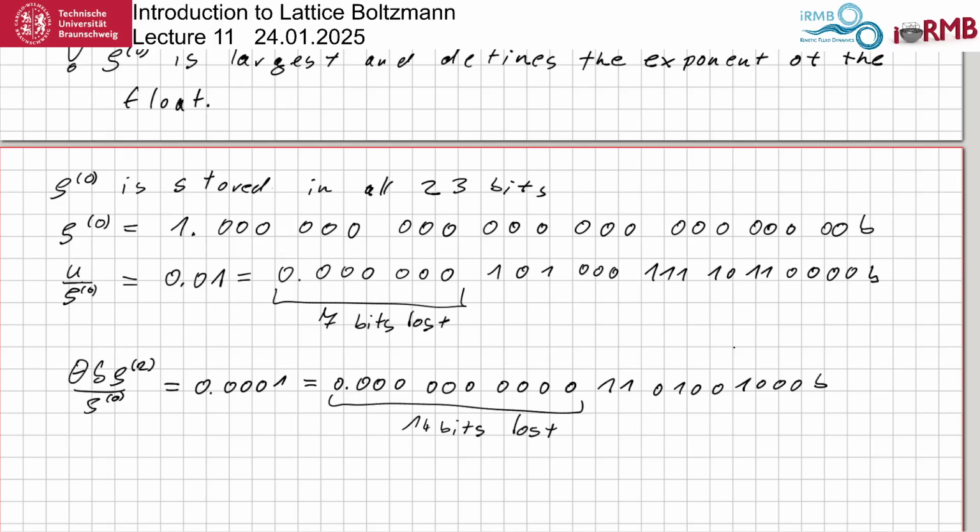So see, in that case there are only 10 bits left: 1, 2, 3, 4, 5, 6, 7, 8, 9, 10. Yeah, 10 bits out of these 24, 23 are left, so less than half of them are left for storing the pressure.